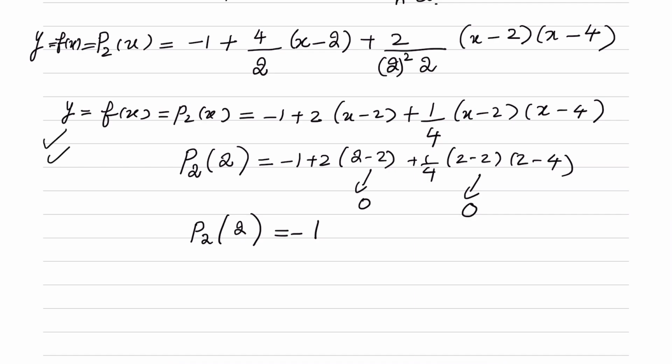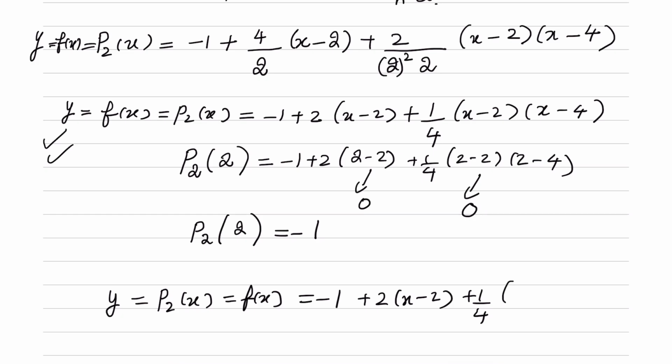So the polynomial here is y equal to P2 of x, or it's the same as f of x equal to minus 1 plus 2 x minus 2 plus 1 over 4 x minus 2 x minus 4.